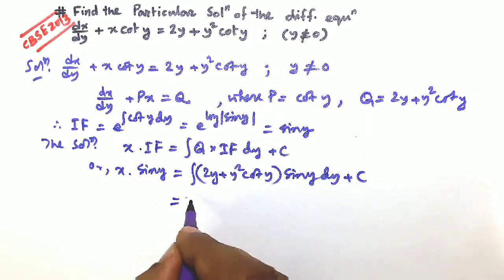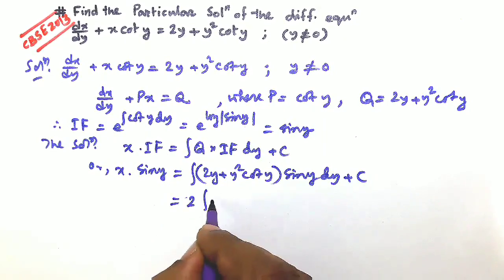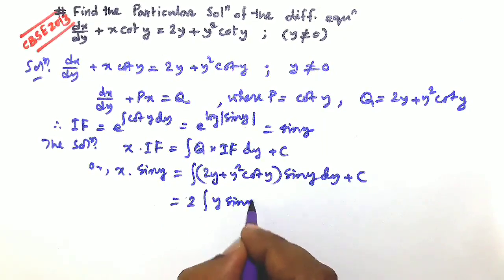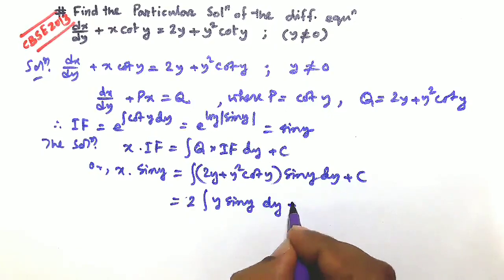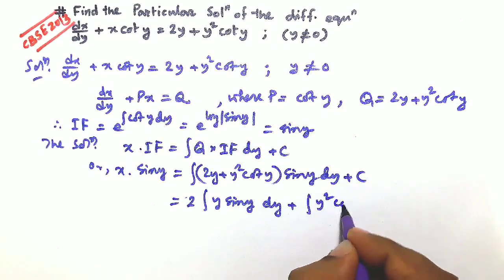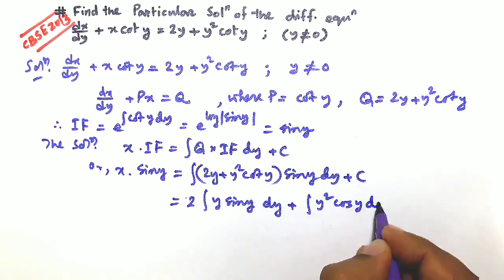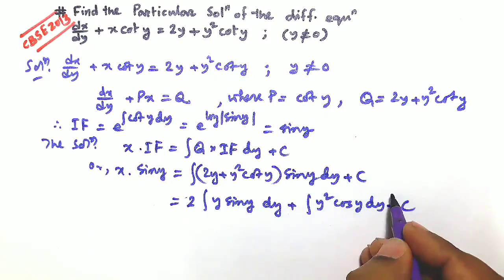So friends, we can write 2 integration y sin y dy plus integration y square cos y dy plus c.